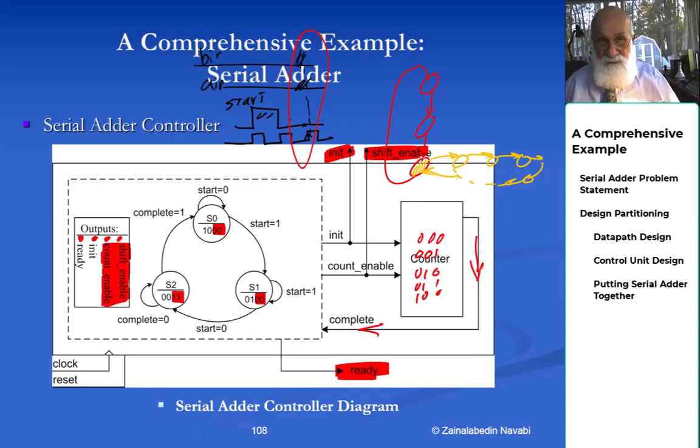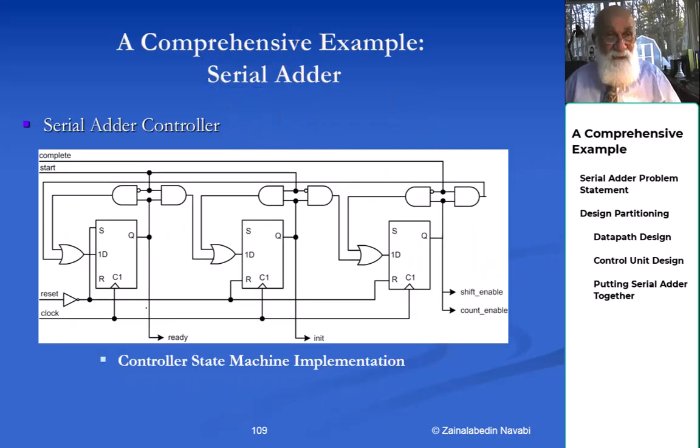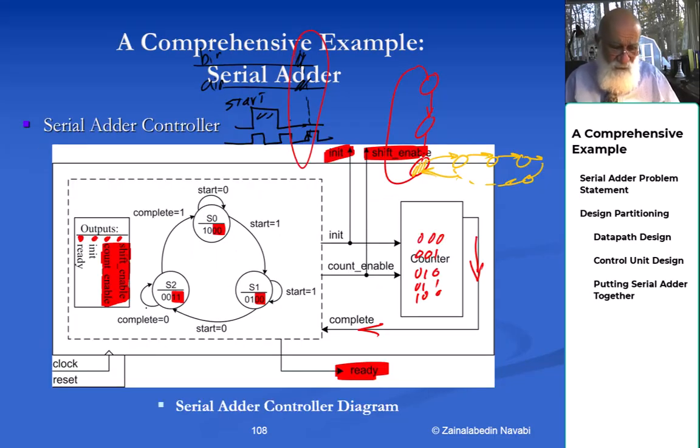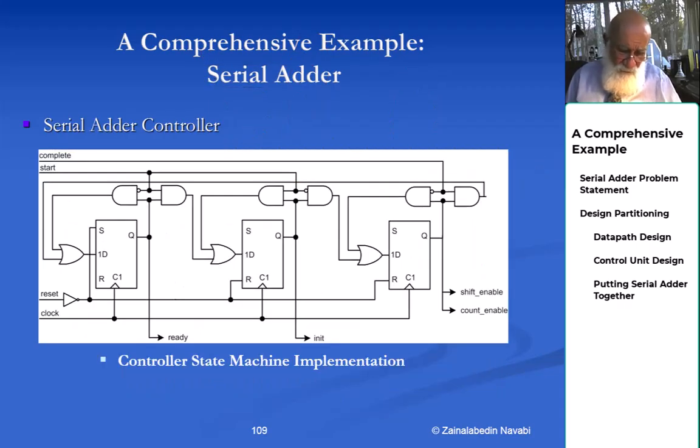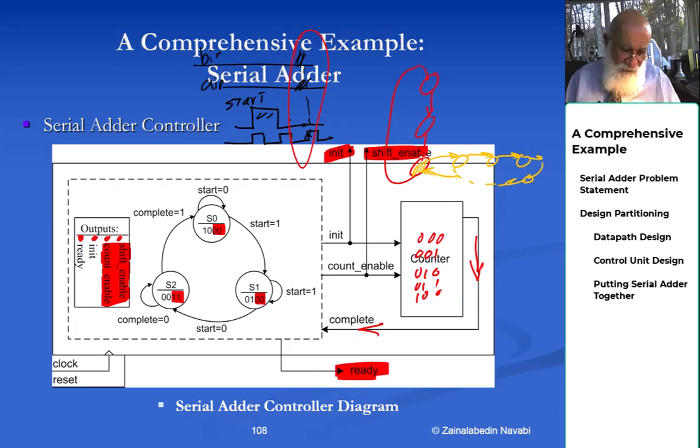How do I build it? Well, I can build the state machine, the one on the left, using a one-hot implementation, and this is it. 3 states here, S0, S1, S2, and S0 waits for a start.